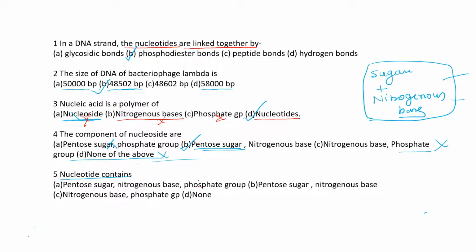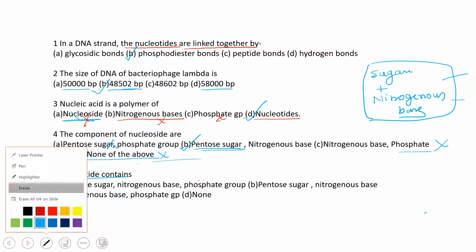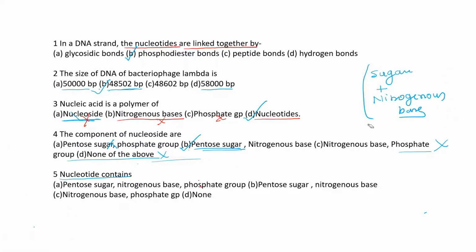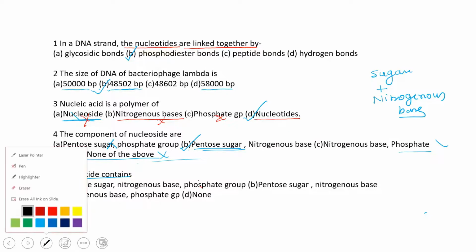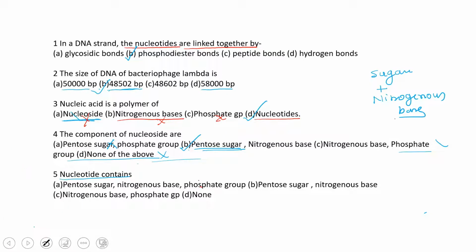I will add one more component here and we will get the nucleotide: plus phosphate group. So the first option says pentose sugar, nitrogenous base, phosphate group. So it seems correct.